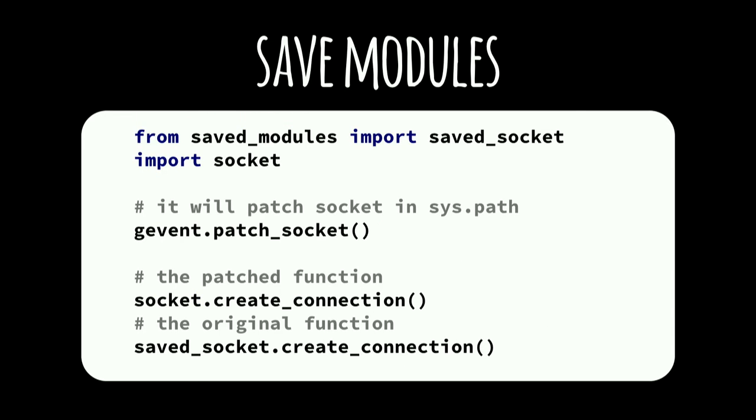So, how can we use it in our program? We can import both, we can get access to both of these objects, but after that, when gevent tries to patch the socket module, it is patching the module which is situated in the sys.modules dictionary, and gevent doesn't know anything about another module, but we know about it.